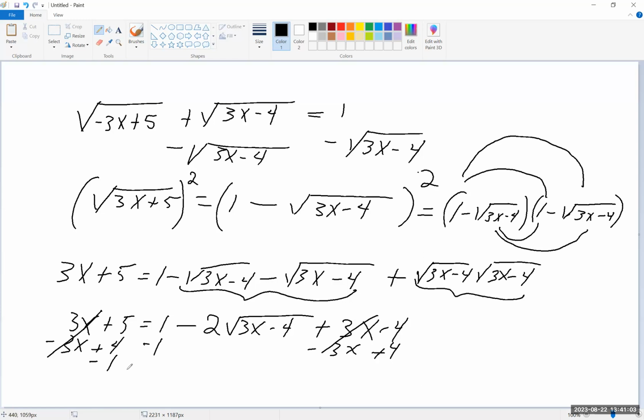So I'm left with 8 is equal to minus 2 root 3x minus 4, and I'm almost done here. I know I'm kind of near the end of class time, but we should be able to finish this one.